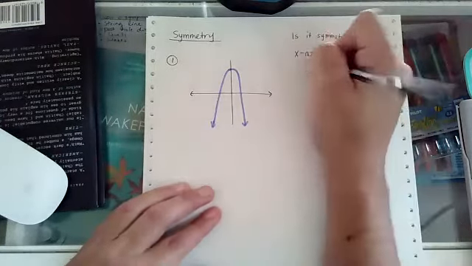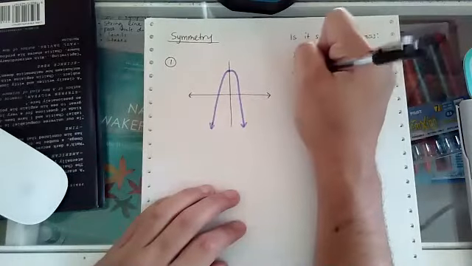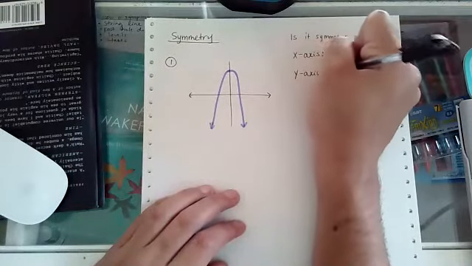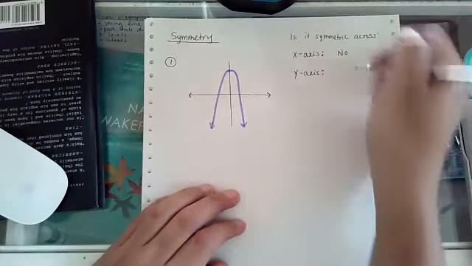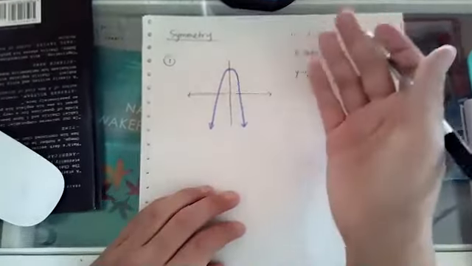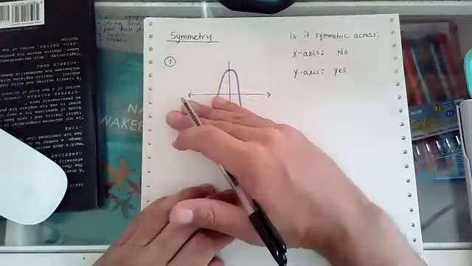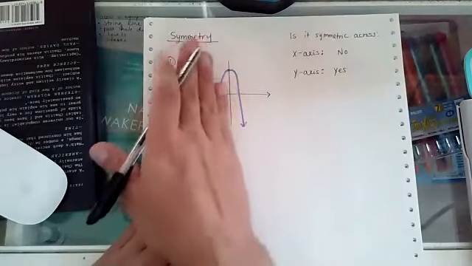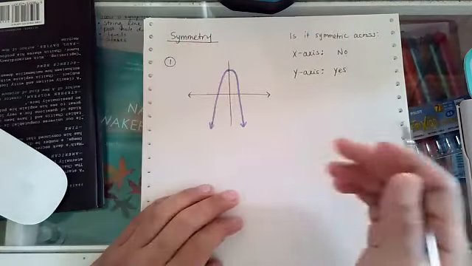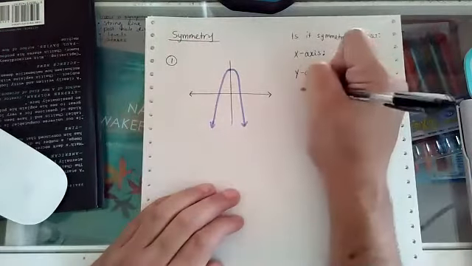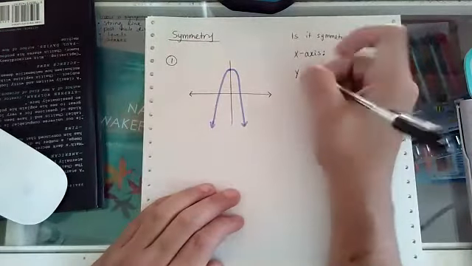But what about if I folded this graph in half across the y-axis? Yes. And then if I can do both, if I can fold it across the x-axis and then across the y-axis, which is harder to think about, we would call that symmetric about the origin.